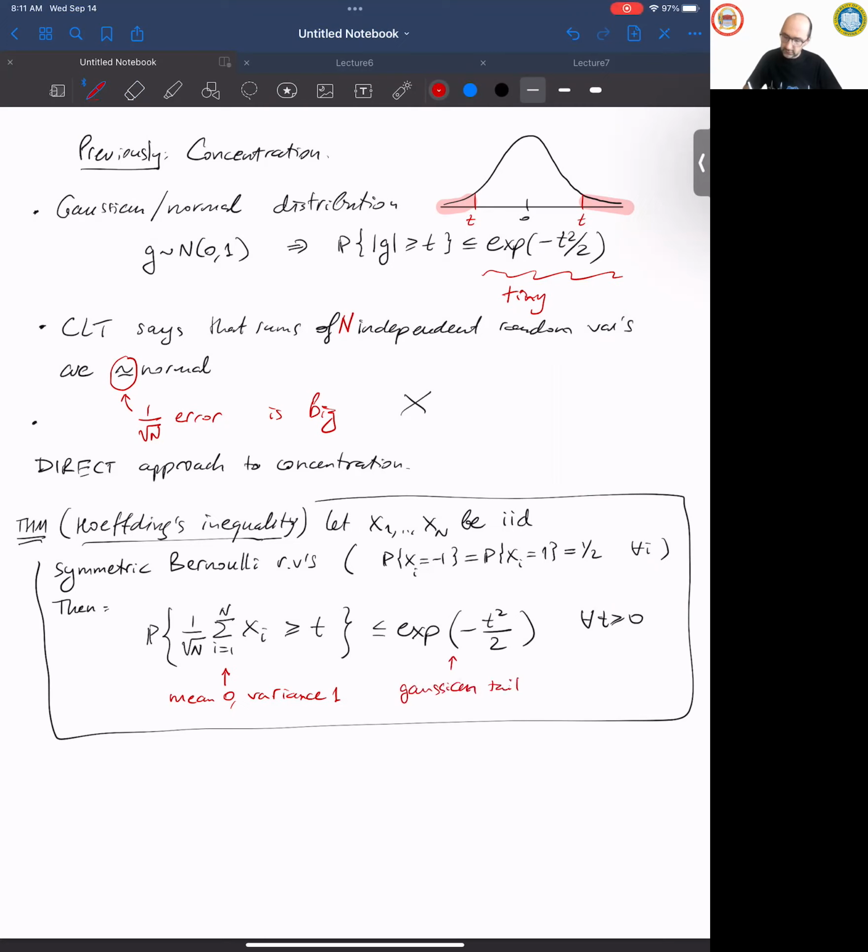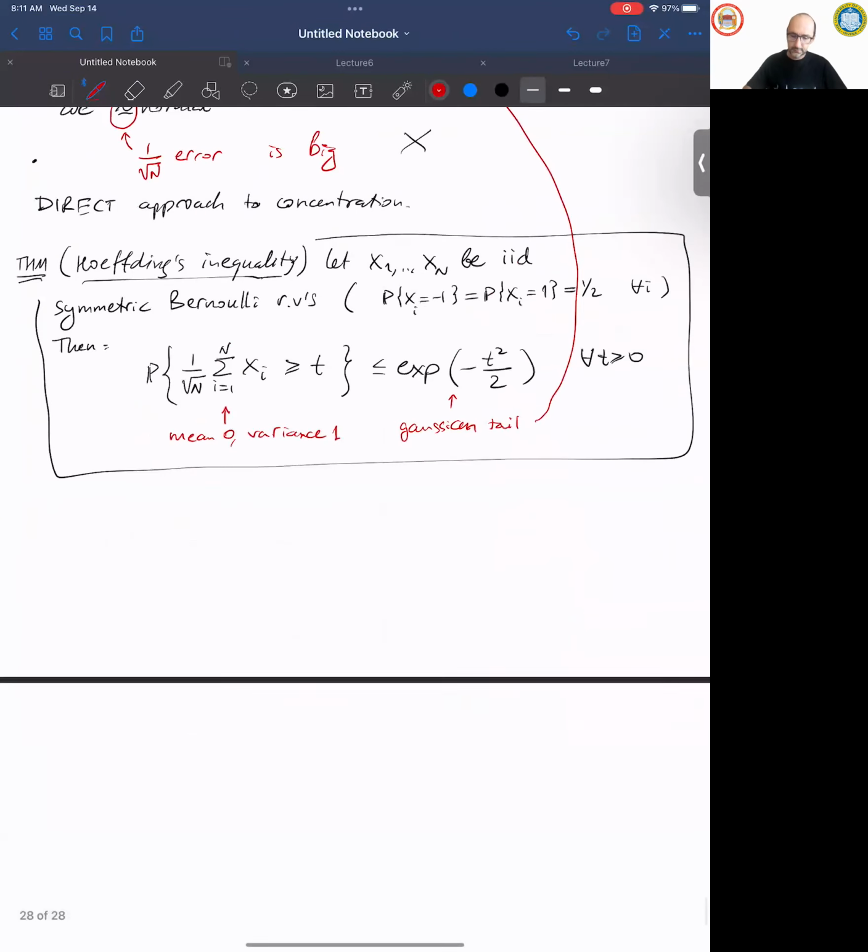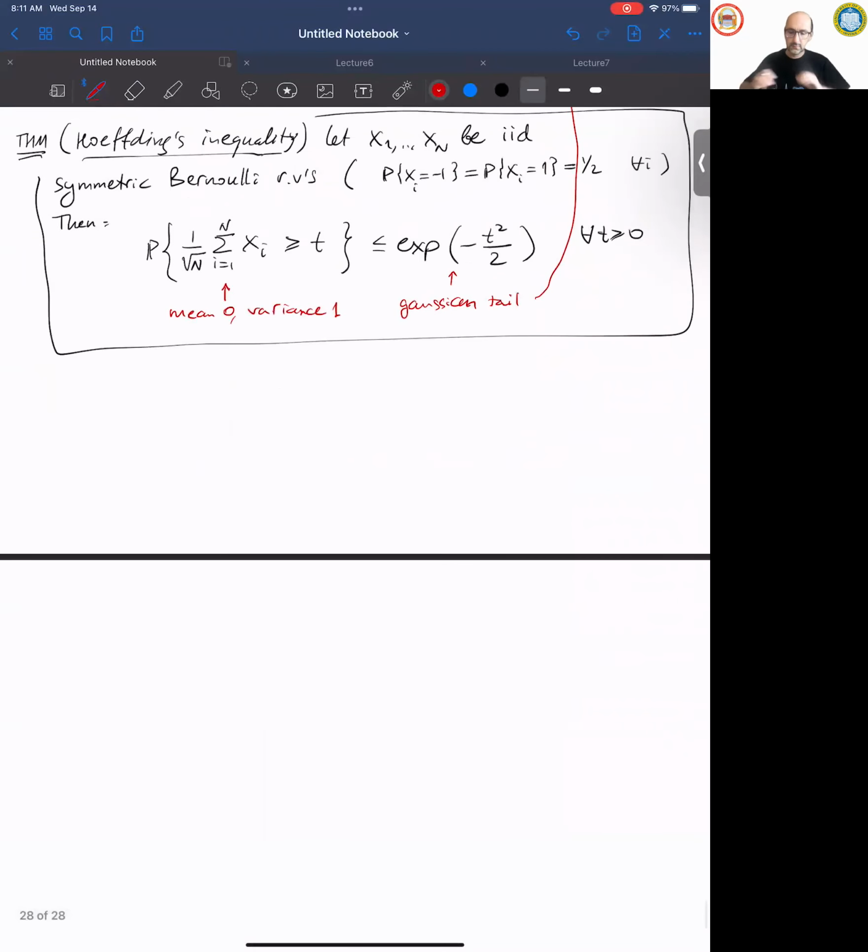So just like for the normal distribution that also had mean 0 and variance 1, we have the same result. That's where we stopped last time, and today we'll prove this theorem and then make applications of it. Any questions?